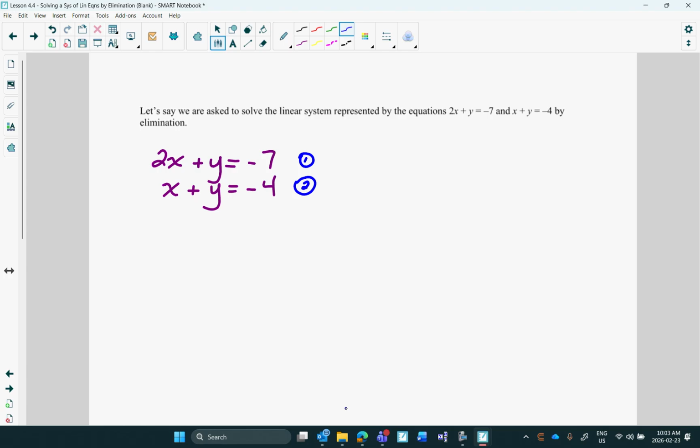Could we add or subtract these equations and eliminate one of the variables? Add or subtract? Subtract. Because y minus y, nothing. So what I'm going to do is subtract equation 1 by equation 2.